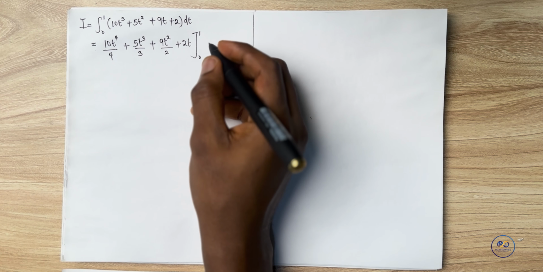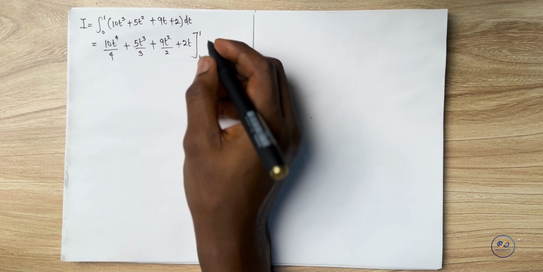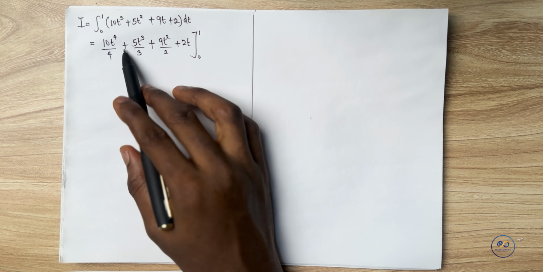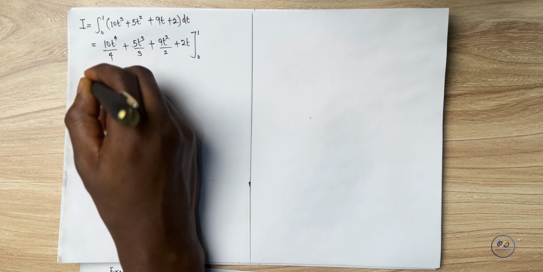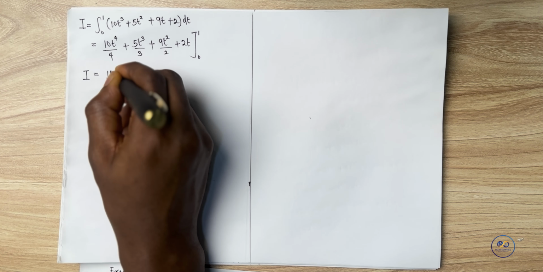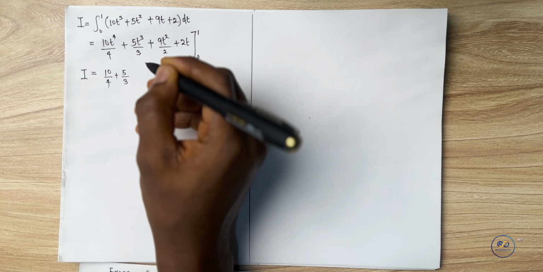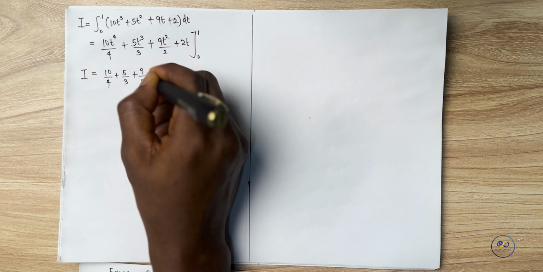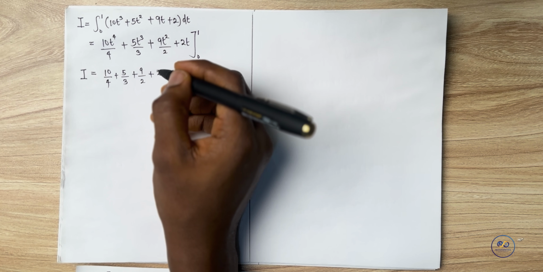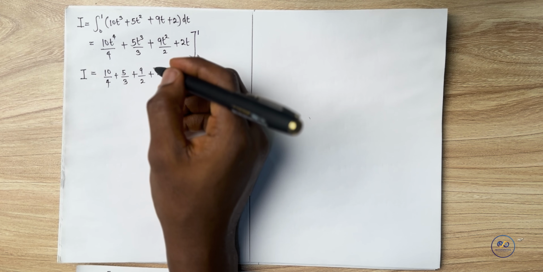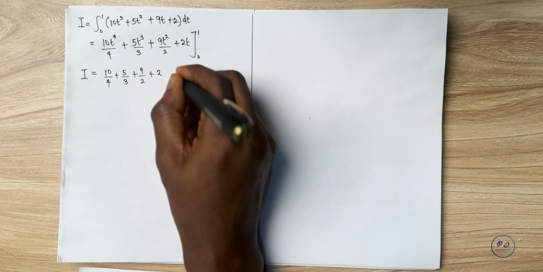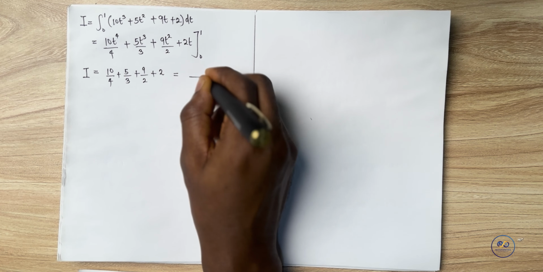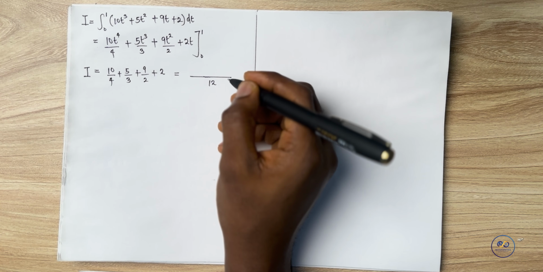The lower bound, which is the 0 part, vanishes everything because of the presence of t in all the terms. And so the upper bound remains as I equals 10 over 4 plus 5 over 3 plus 9 over 2 plus 2. If we take the LCM, it is 12 in this case.